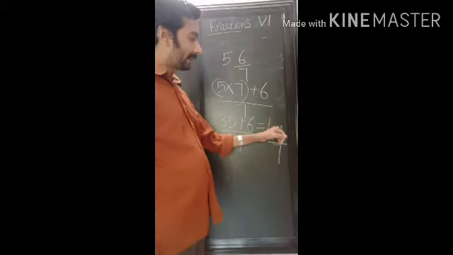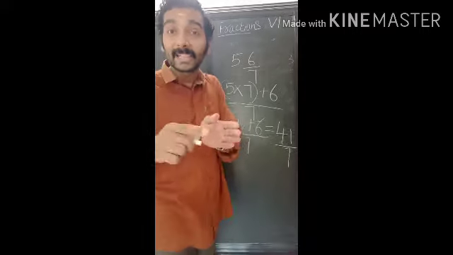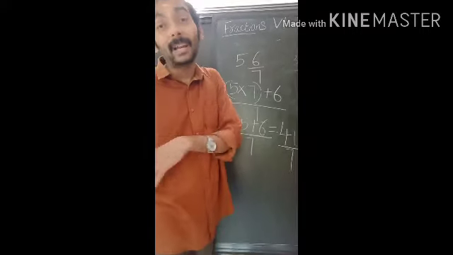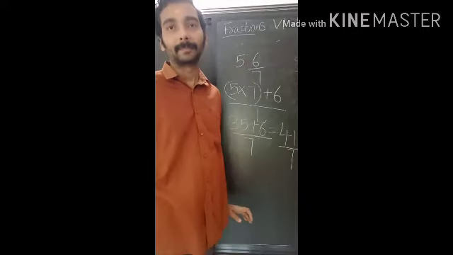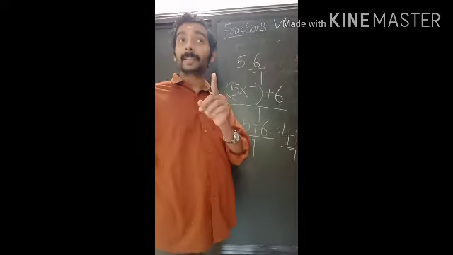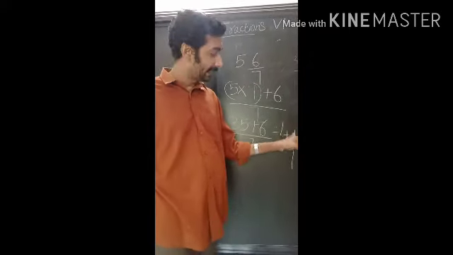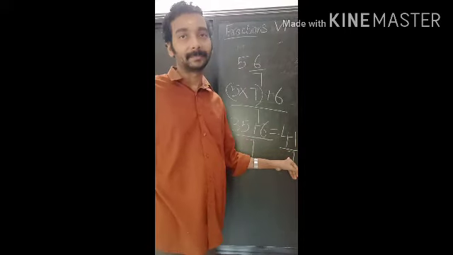That is 41 by 7. The mixed fraction is converted into an improper fraction. Clear? Improper means the numerator is greater than the denominator.